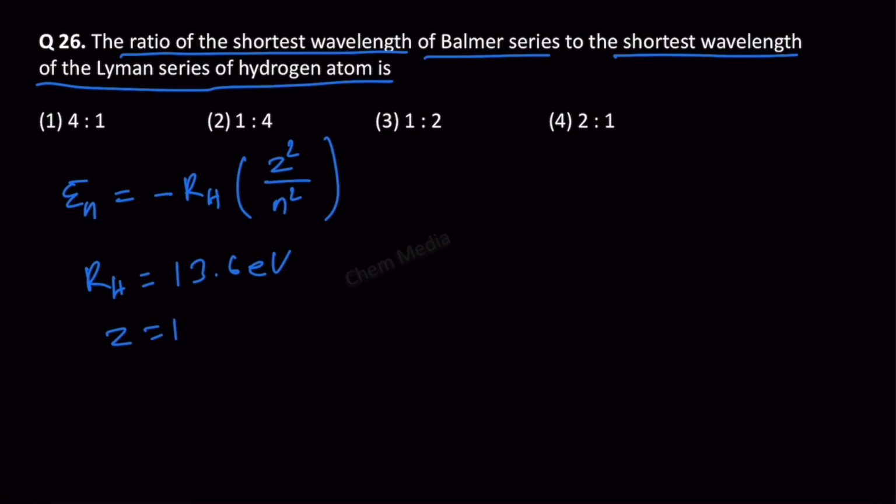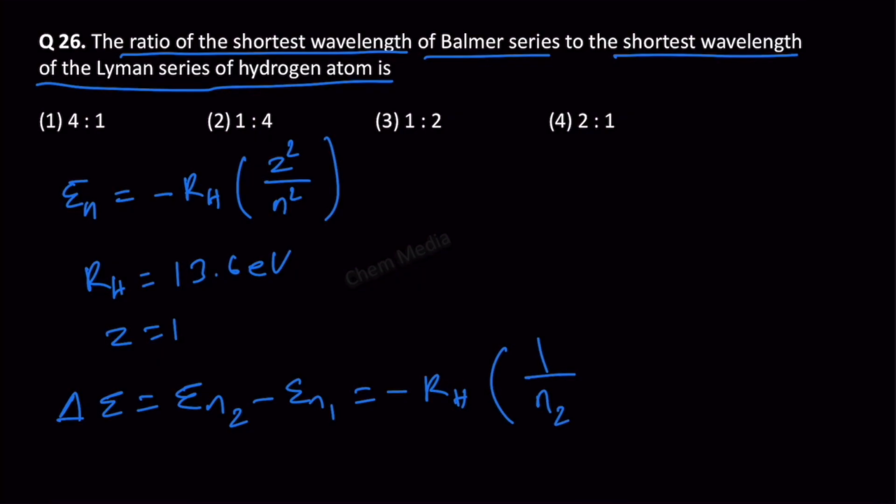So, it is the energy difference that we calculate, that is delta E is equal to En2 minus En1, and that is equal to minus Rydberg constant times 1 by N2 square minus 1 by N1 square. N2 value should always be greater than N1.